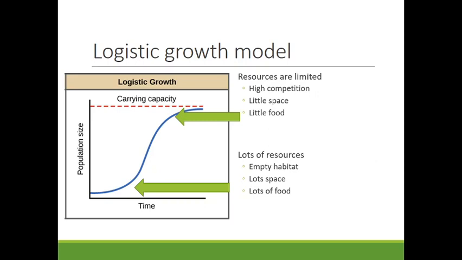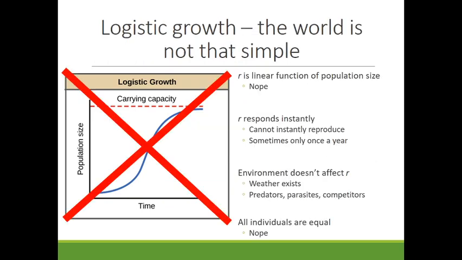And while this does a pretty good job of that, we know it's false, right? We know that this instantaneous growth rate is not linear with population size. Basically, these four things, I should say, are assumptions that this model makes.